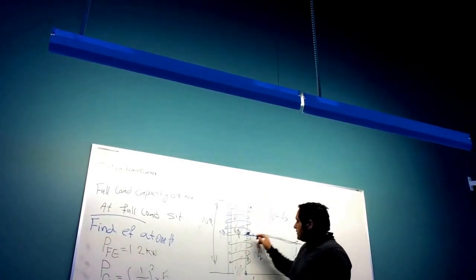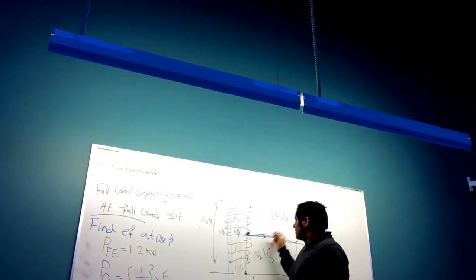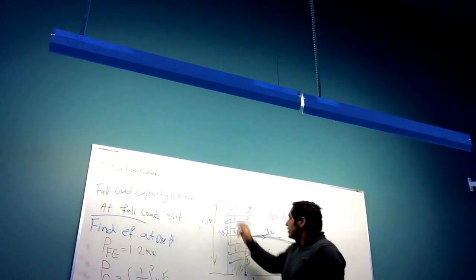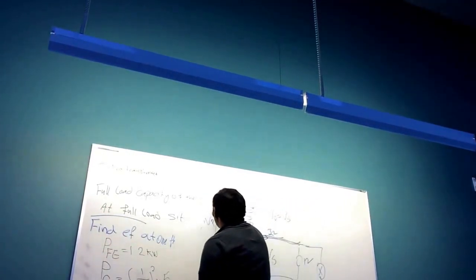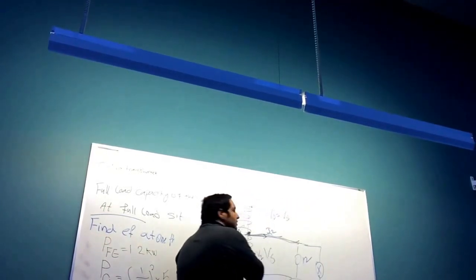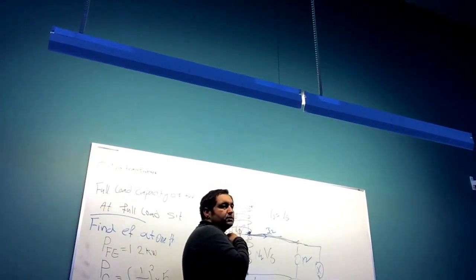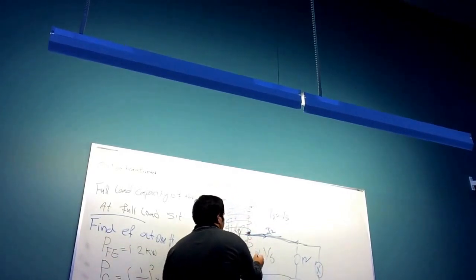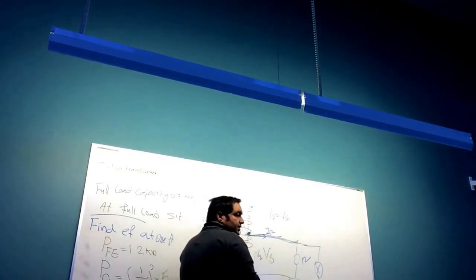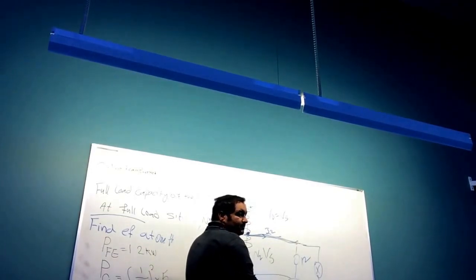Basically we have one current here, I2, and one current here, I1, right? I2 and I1. And then you wanted to see what's going to happen to the current inside the winding? Yeah, because we request a small amount of current.